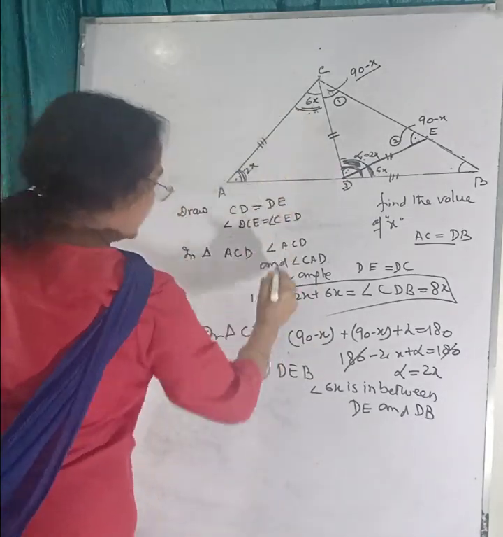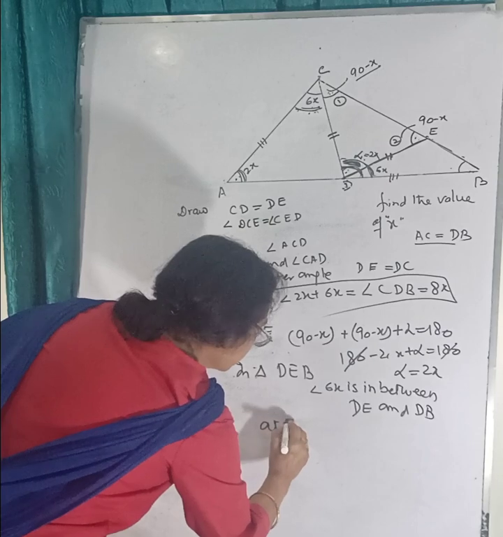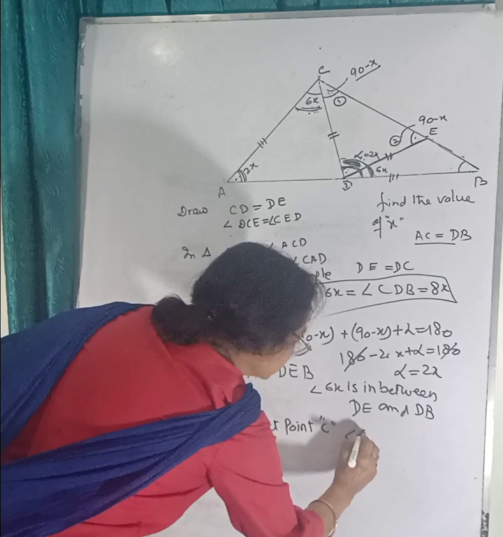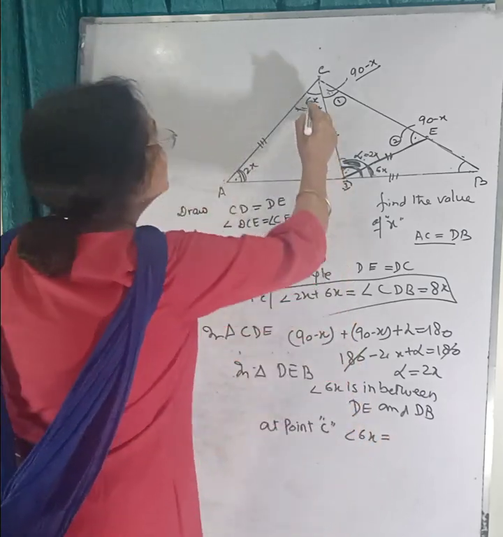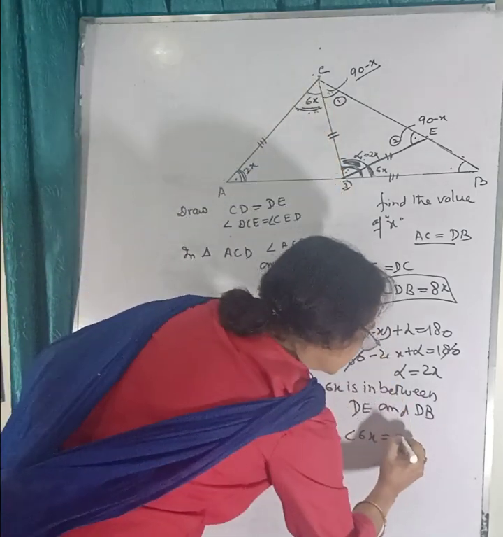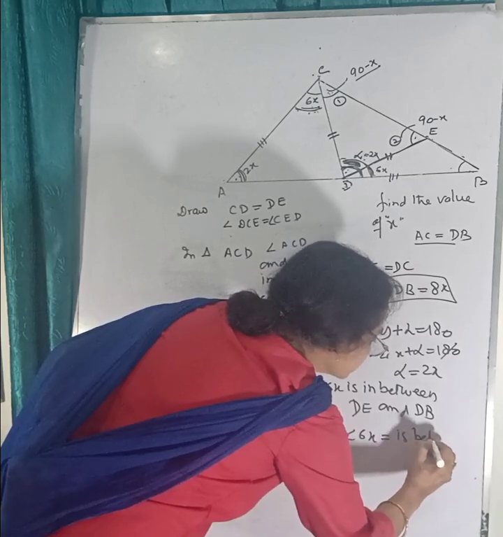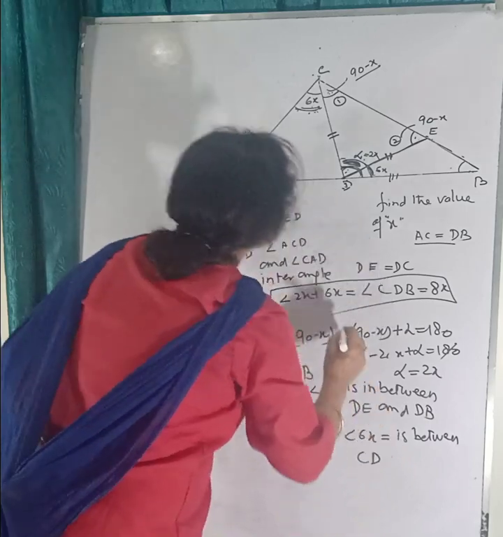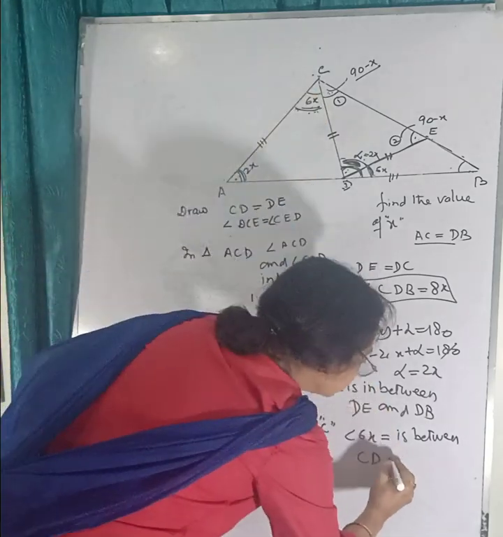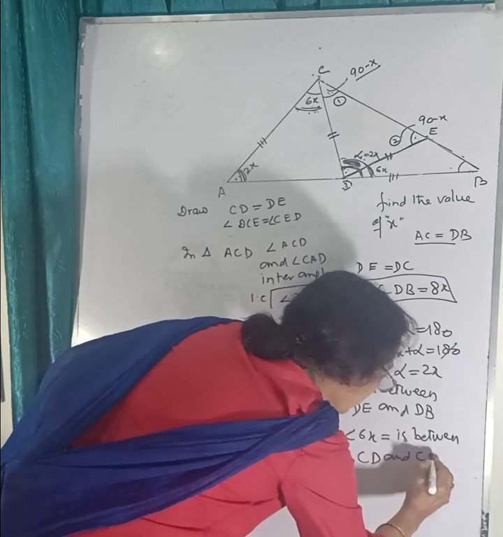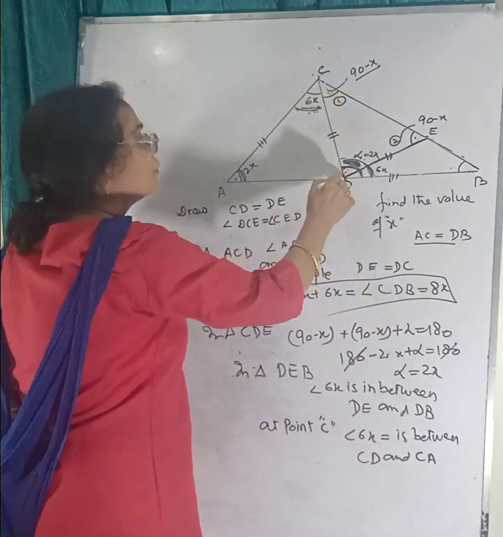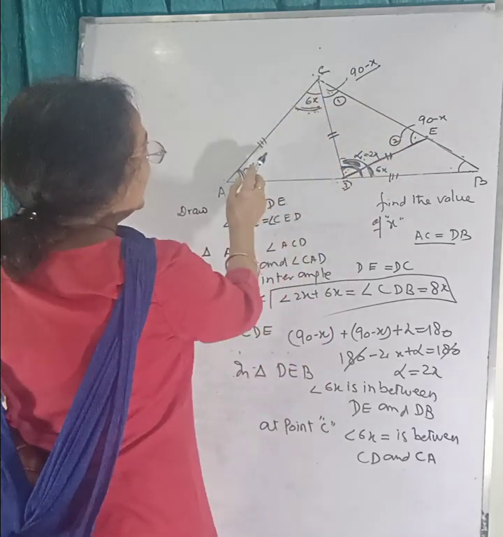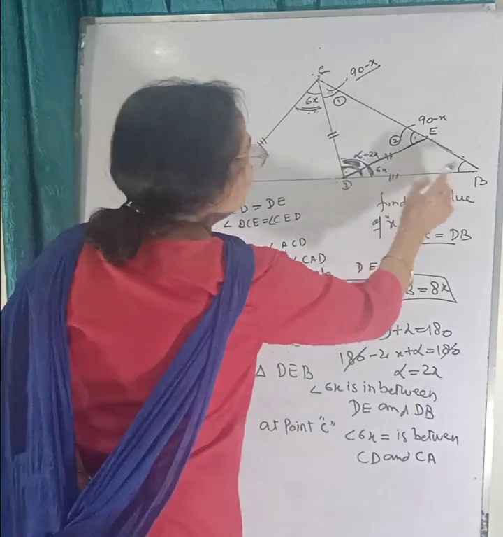And in here at point C, angle 6x is between CD and CA, where CD is equal to DE and CA is equal to DB.